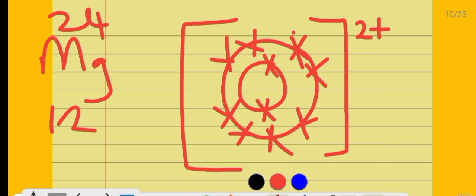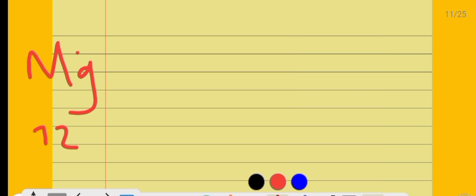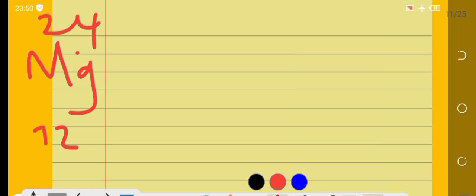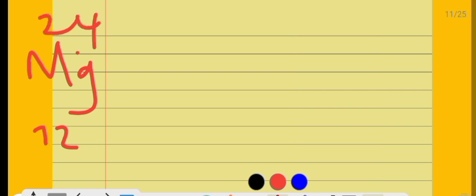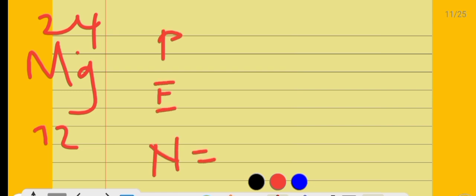All right. So to just show it nicely, allow me to say magnesium, with 12 atomic number and 24 the mass number, though not useful in this case. We are going to have protons, electrons, and neutrons here, just like we did with sodium.